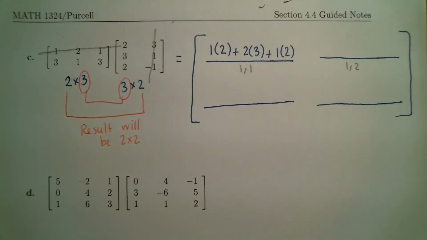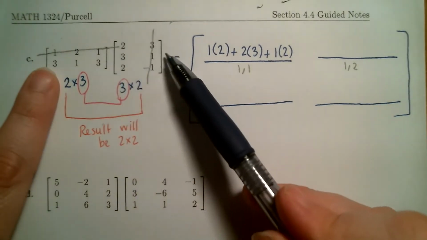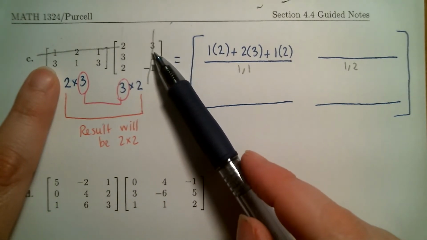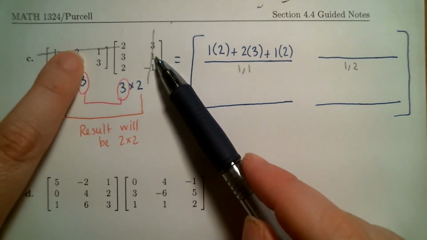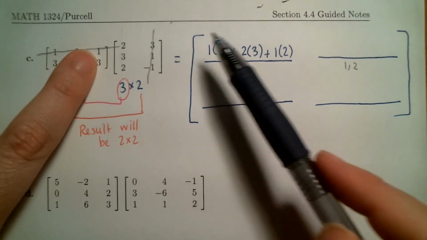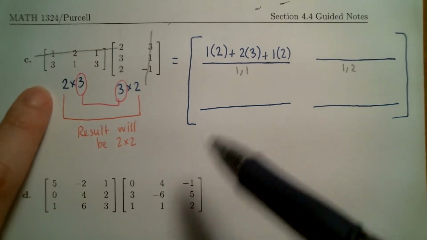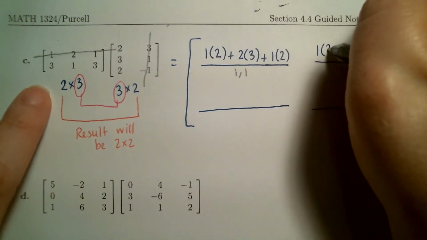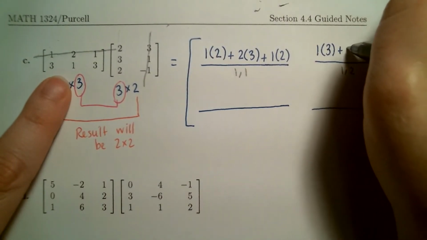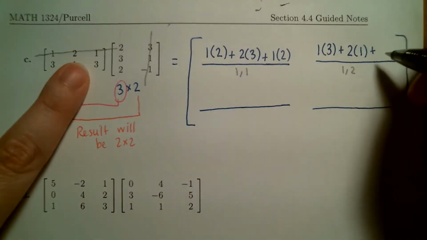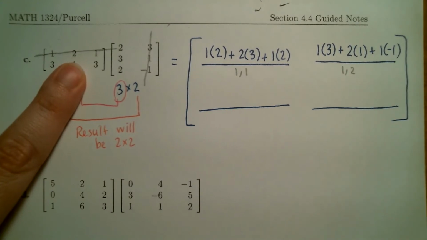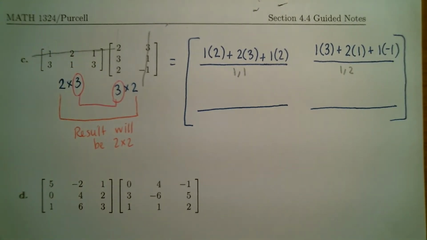We are going to multiply corresponding entries together and add them up. 1 times 3 plus 2 times 1 plus 1 times negative 1. That's what's going to go in this spot. So 1 times 3, do the middle guys, 2 times 1, do the third guys, 1 times negative 1, add up the results. Okay, moving on.